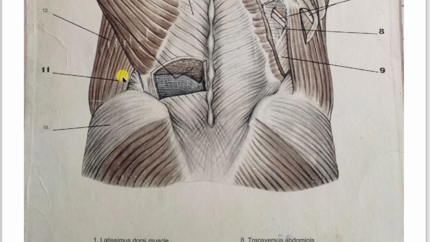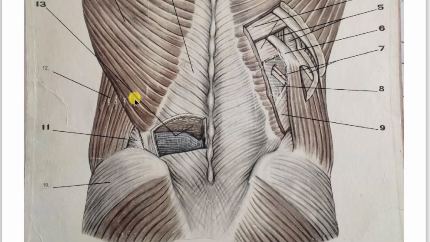This is Petit's lumbar triangle, also called the inferior lumbar triangle. So let's see the muscles that surround this triangle. Anteriorly, you can see the external oblique. Inferiorly, you can see the iliac crest, and posteriorly, you can have a look at latissimus dorsi.